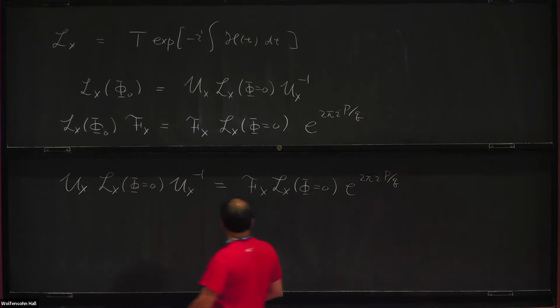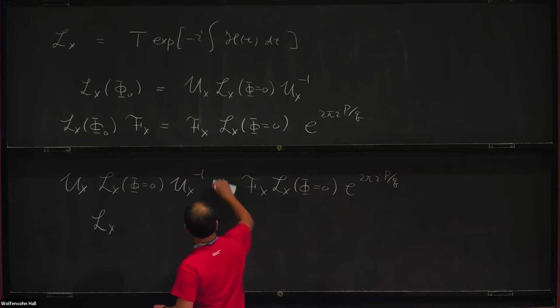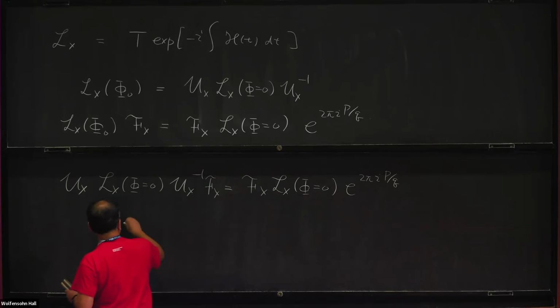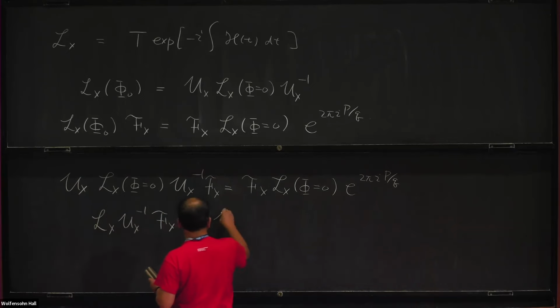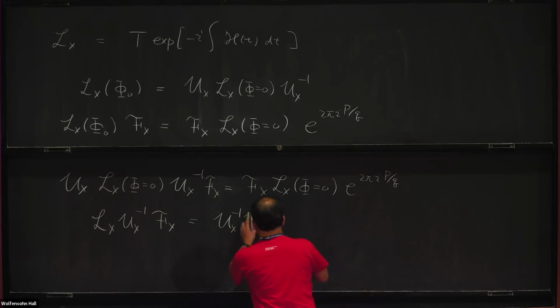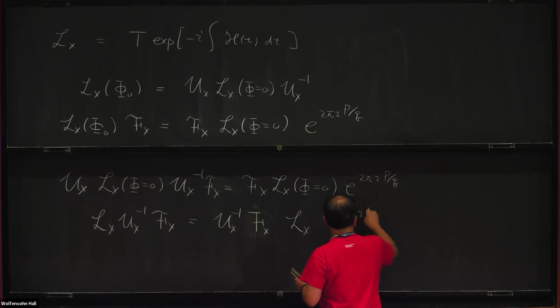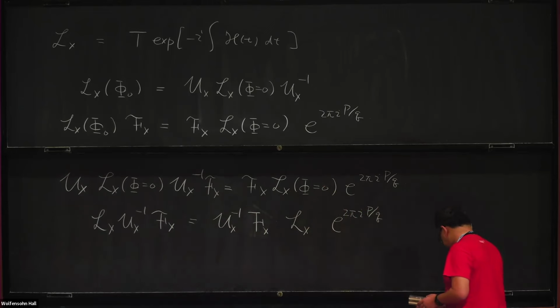And then you can apply this Ux inverse from the left. Oops, sorry, I thought Fx. So here Lx is just this Lx at zero vector potential background.